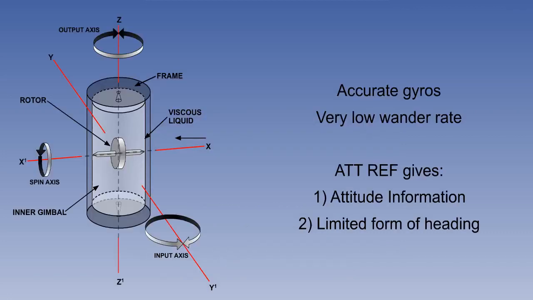The system now gives attitude information and a limited form of heading. The gyros are normally very accurate, but there is no correction for Earth rate and transport wander, and the heading needs to be reset periodically to an independent source, which is usually a magnetic compass. In effect, the gyros are acting as a super-accurate form of DGI and as an attitude indicator.